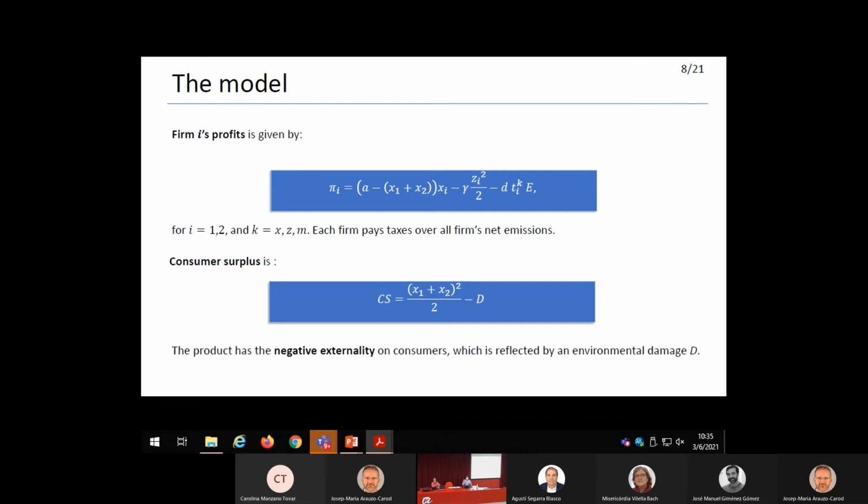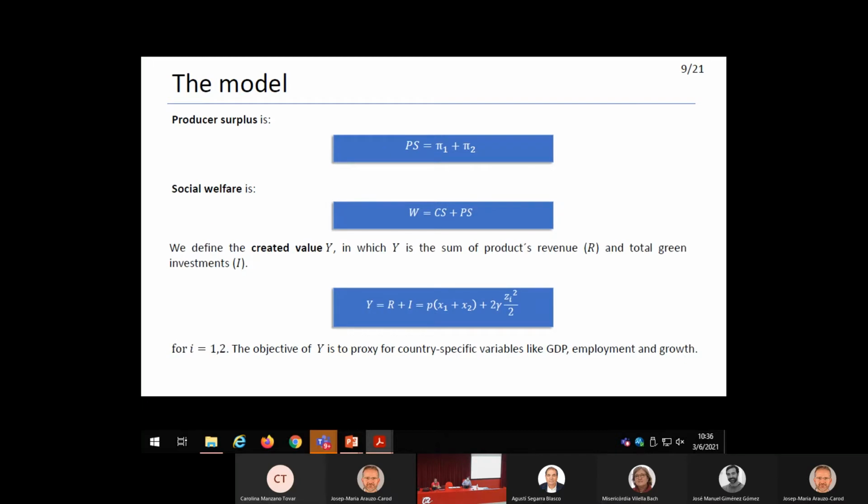And then we use the consumer surplus to measure what consumers obtain from consumption. Since the product has negative externalities on consumers, we use the environmental damage D to measure it. And we define the producer surplus as the total firms' profit, and we define the social welfare as consumer surplus plus producer surplus.